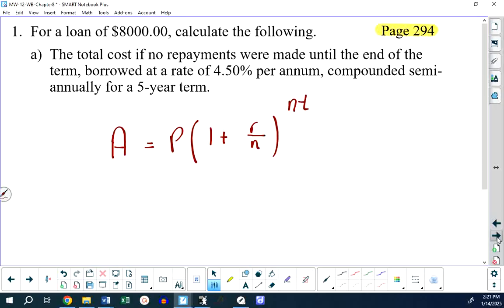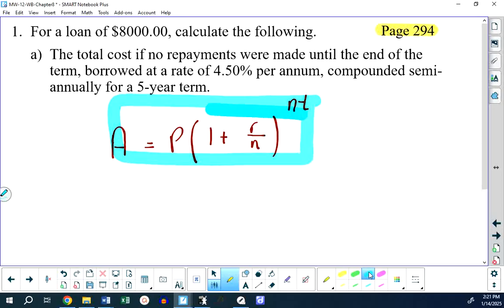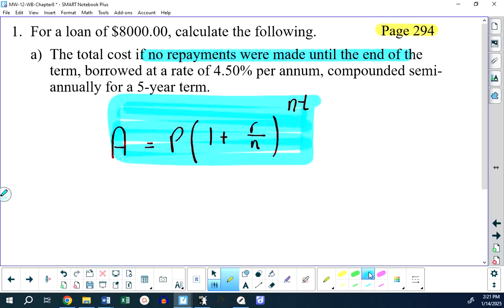This is the formula you use when no repayments are made. As soon as it says you're not making any monthly payments, it means you're going to make one big payment at the end. This is the formula you use.